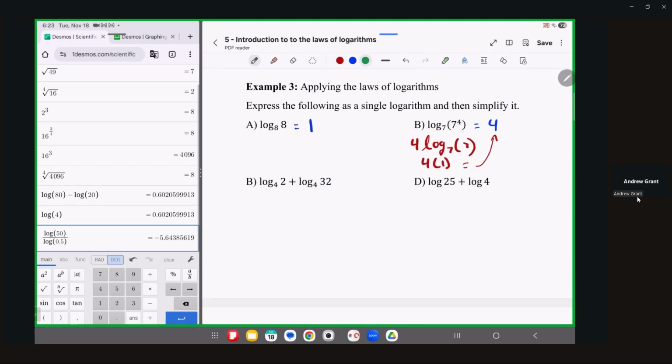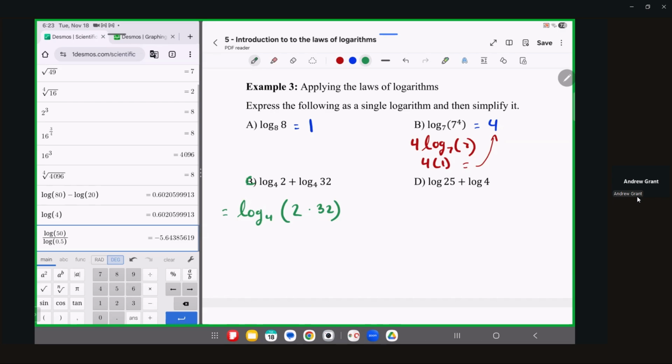So letter C, if we have log base 4 of 2 plus log base 4 of 32. Okay, first thing we want to do, we notice that these are both base 4, and so we can write this as log base 4 of 2 multiplied by 32.